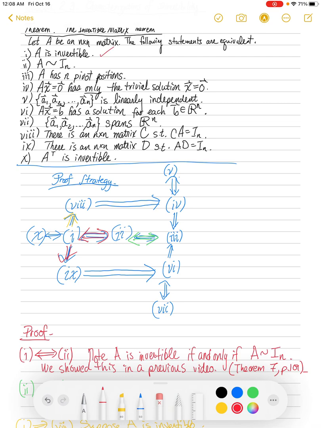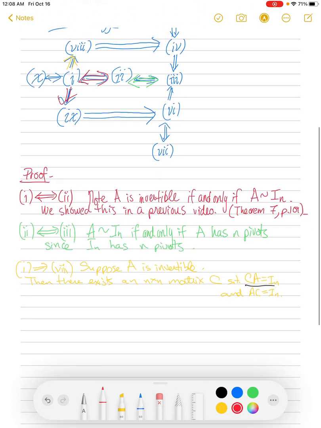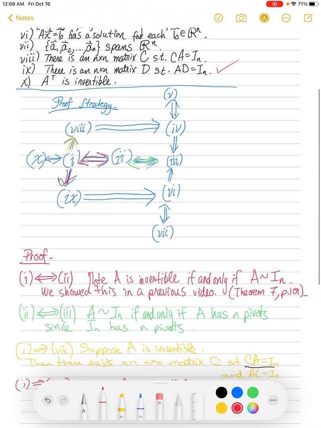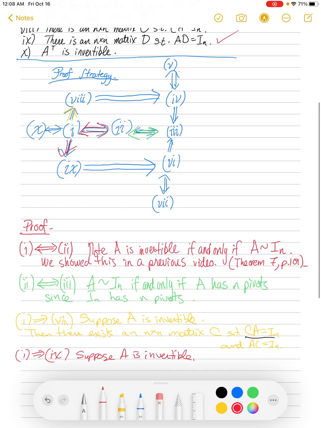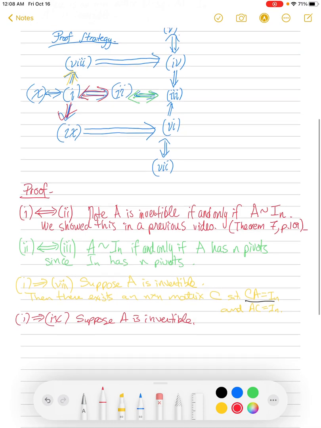We're going to assume A is invertible, and we're going to show there is an n by n matrix D such that AD is the identity. So suppose A is invertible. That's what we're starting with, statement 1. And we want to show that there's an n by n matrix D such that AD is the identity.